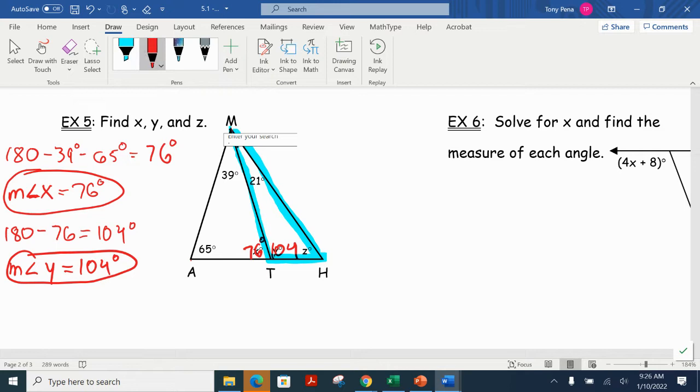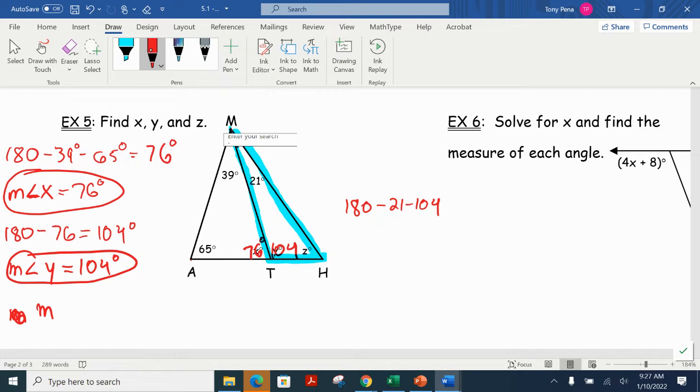What do you find that to be, Asad? Yes, we all get that. Now the blue triangle needs to be 180, so subtract away the 104, subtract away the 21. That needs to leave you with angle Z.